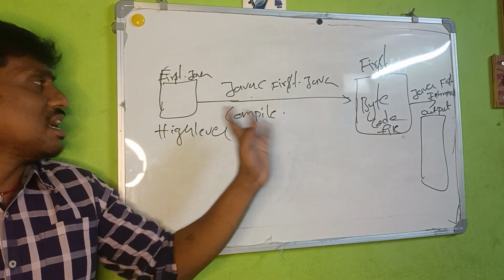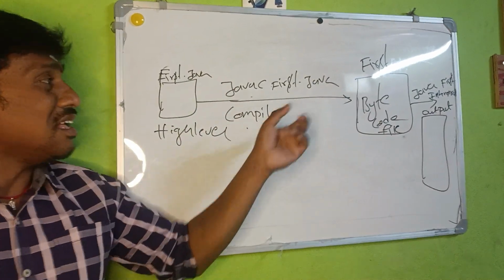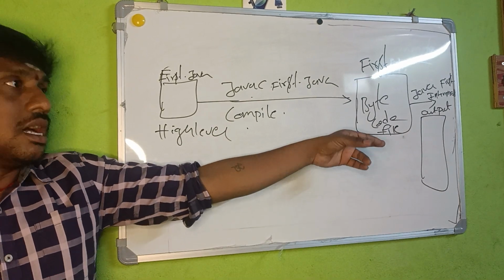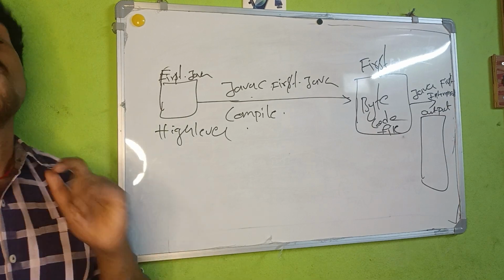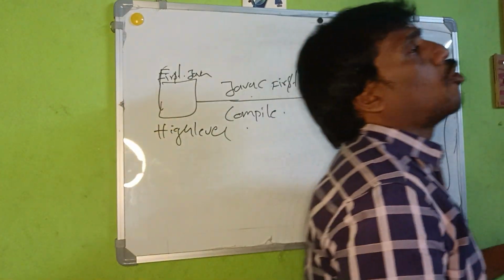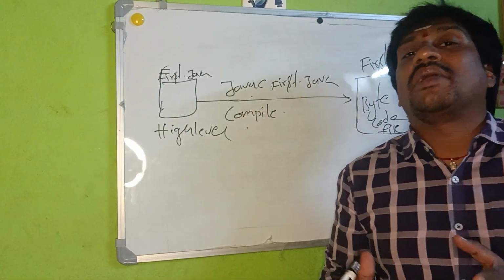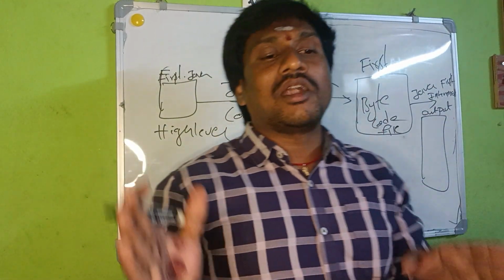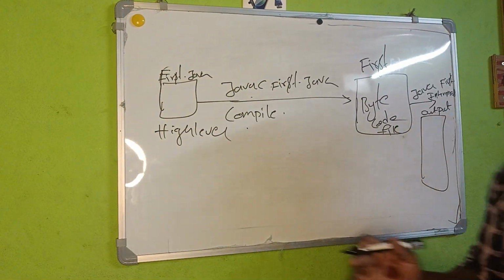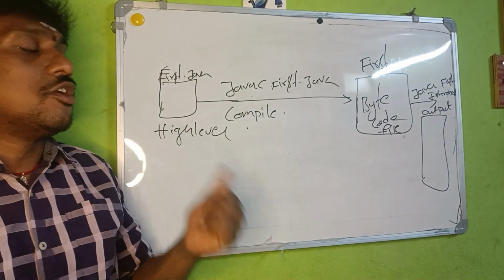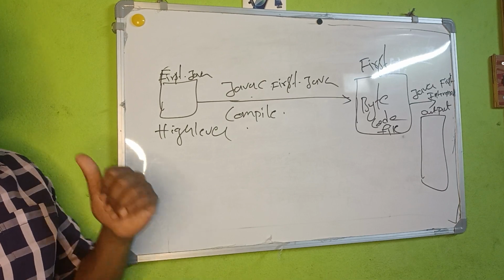Now see, what is the reason that in C we get object files directly? Why is Java, after compilation, producing a bytecode file instead of generating machine code? Here is the answer: to support platform independence, which was not there in our normal C programming language.